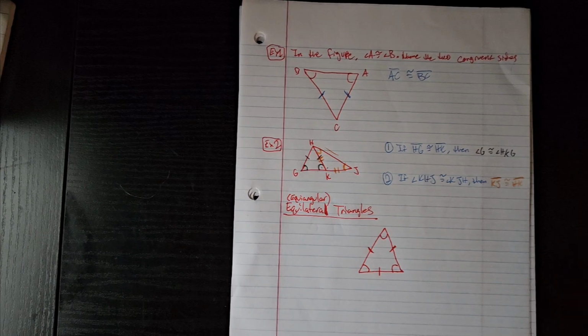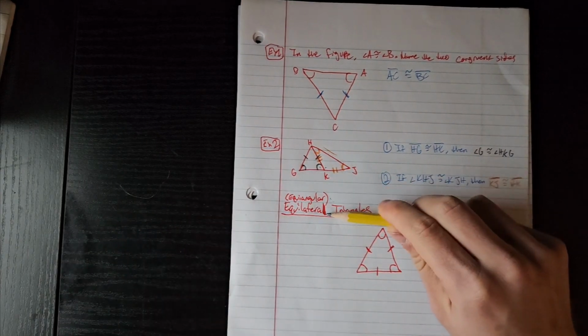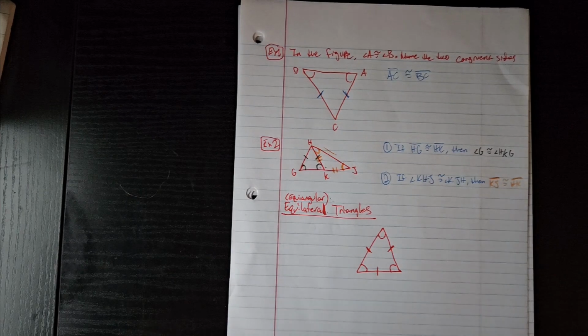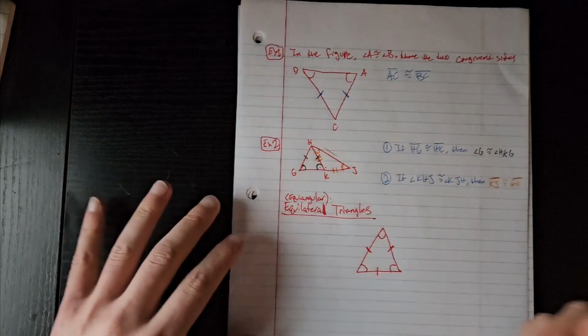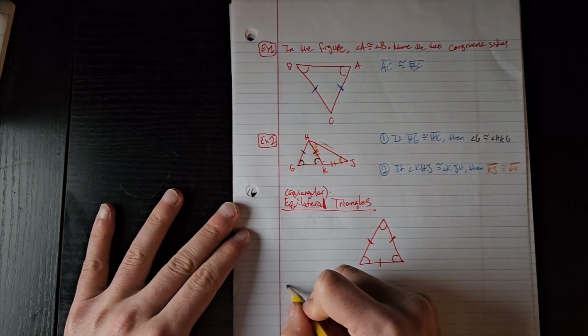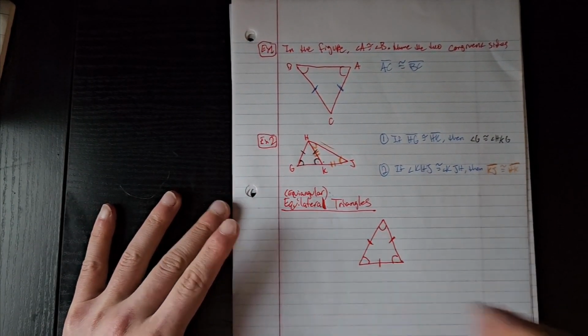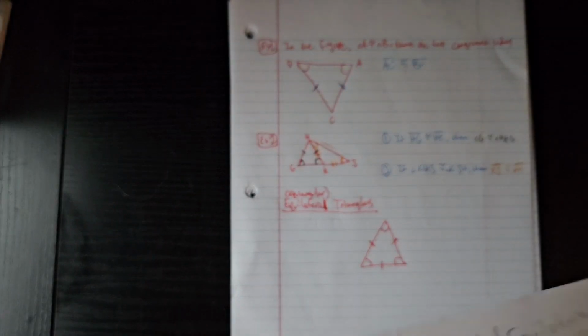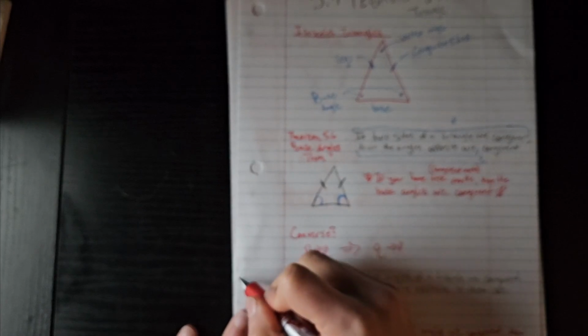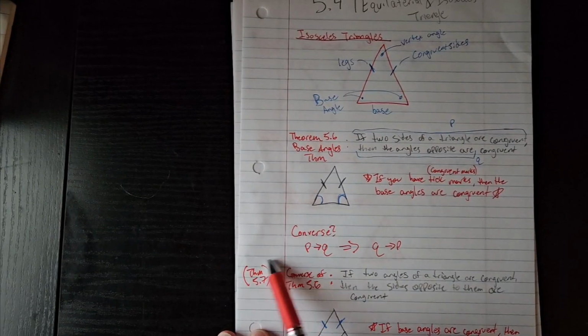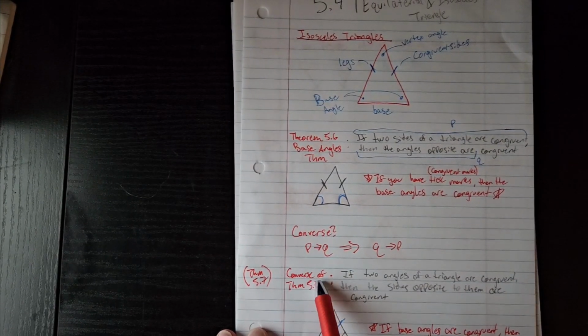That combines both equiangular and equilateral together, and remember the term corollary that we are going to be using. I forgot to mention, this converse of Theorem 5.6 is actually Theorem 5.7. It actually has its own name, but it's the converse to this one.